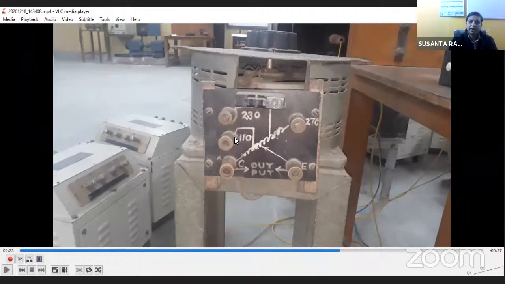So we'll connect the 110 volt AC to the 110 terminals and these C terminals, and we'll take the output from the C and E terminals.